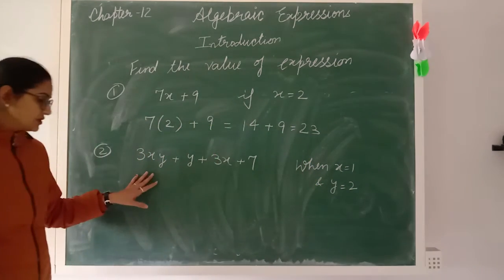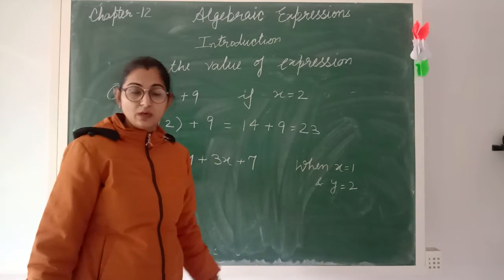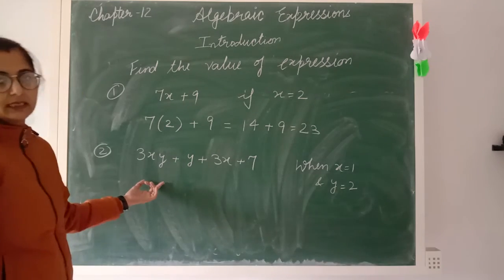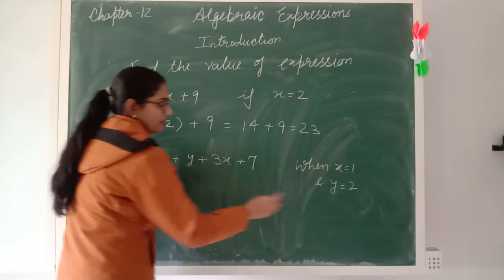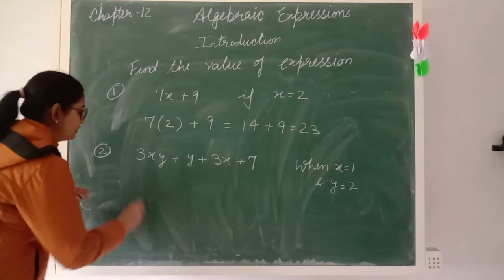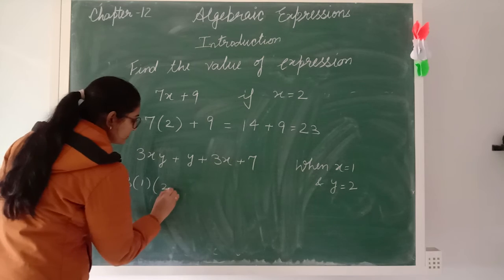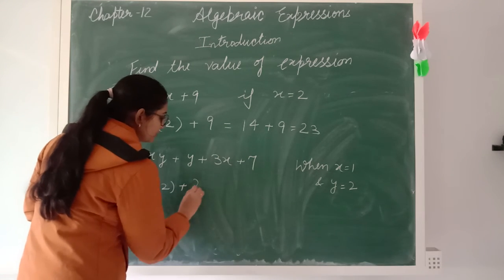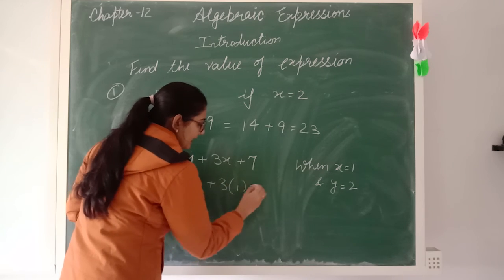The expression is given, and you have to tell its value. You just replace x and y by these values. So 3 times 1 times 2, plus y is 2, plus 3 times 1, plus 7.